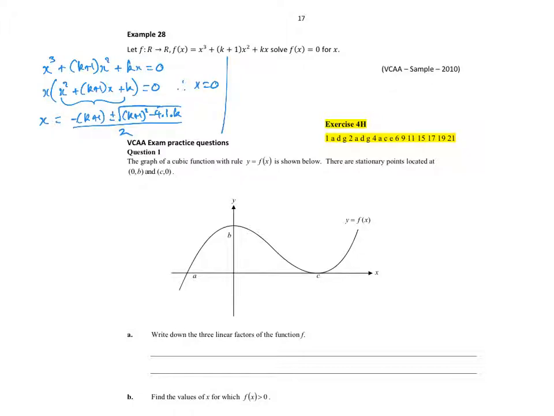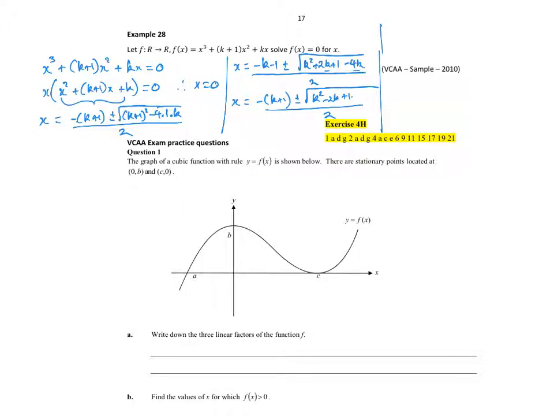So x is equal to, I'll make it minus k minus 1 plus or minus the square root of k plus 1 all squared is k squared plus 2k plus 1 minus 4k over 2. So x is equal to, I might leave it factored, sorry about chopping and changing, square root of k squared, 2k minus 4k is minus 2k plus 1 now, over 2.